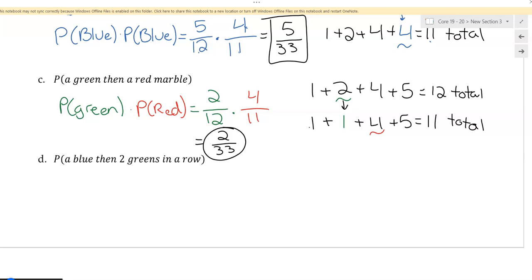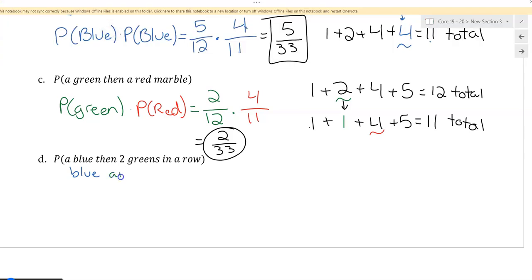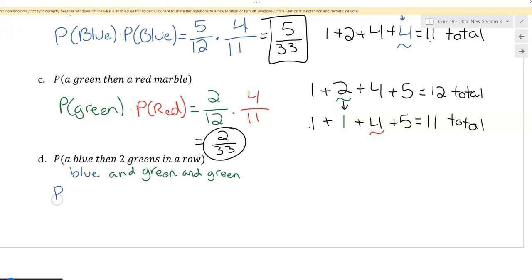You get a blue and then 2 greens in a row. This is the same as saying blue and green and green. Okay. So I'm going to be doing the probability of blue times the probability of green times the probability of green.